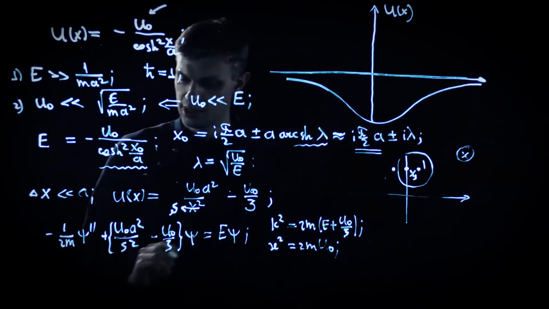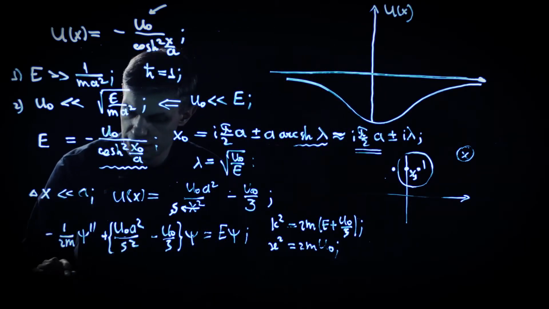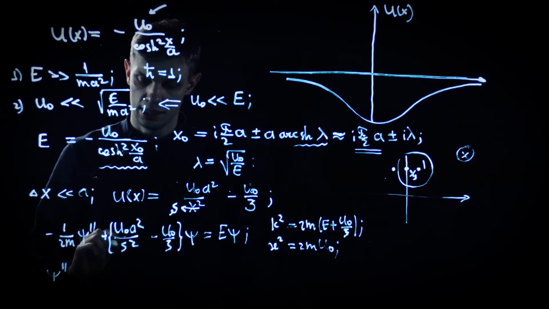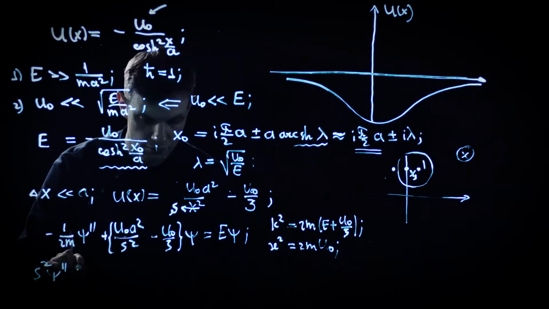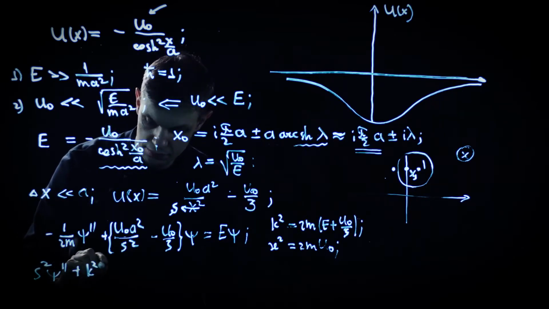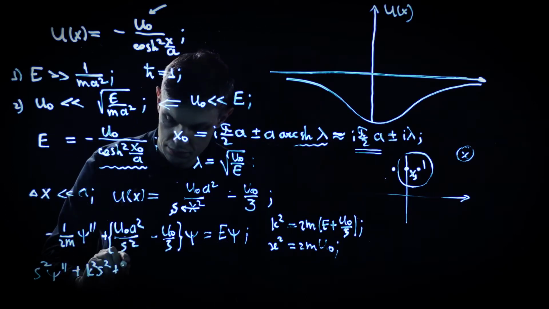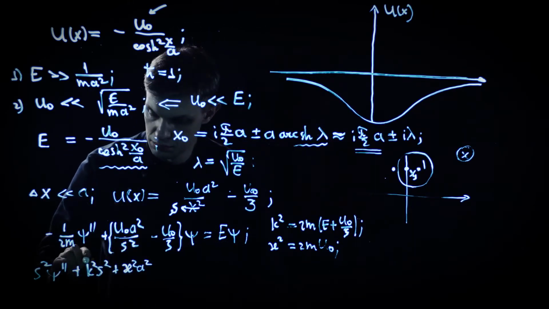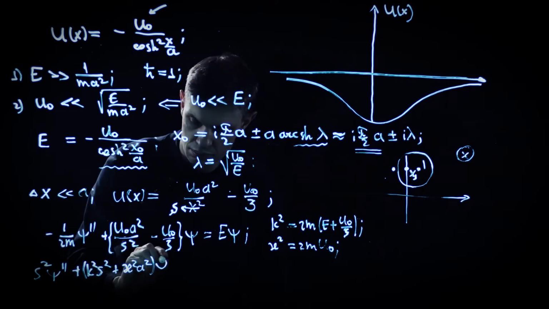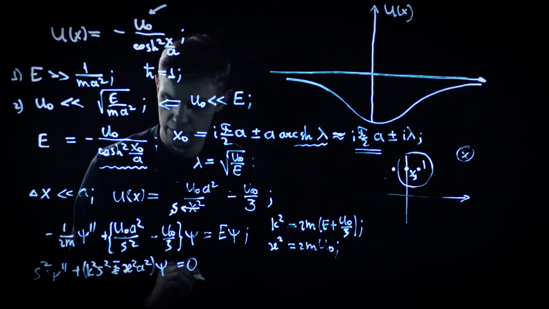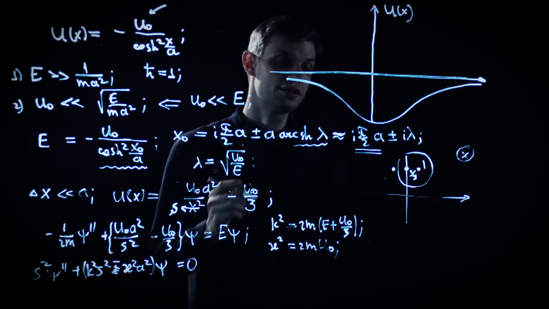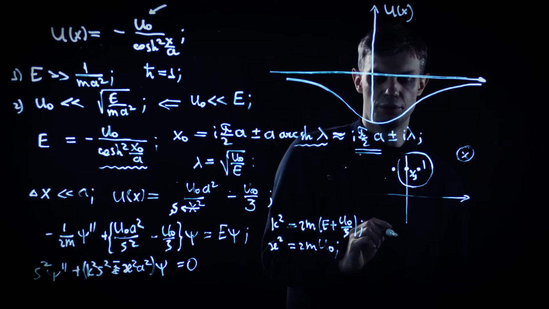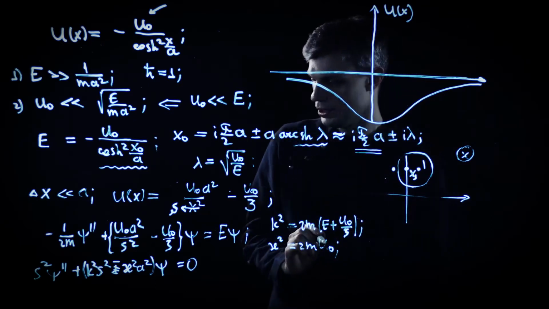And in this notation, the Schrödinger equation becomes the standard differential equation. So here is our final differential equation, Schrödinger equation, near the turning point or near the pole of the potential well.